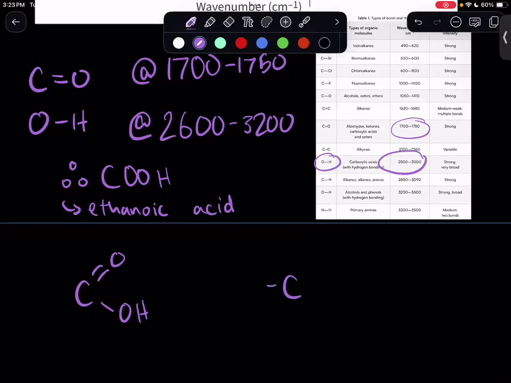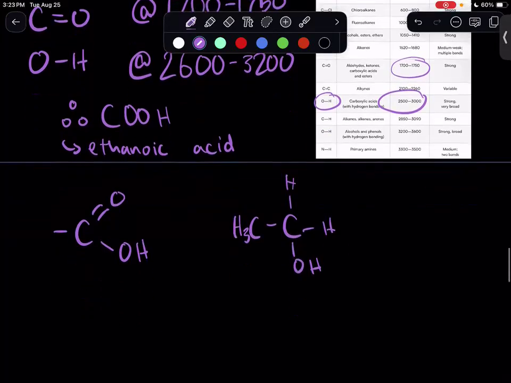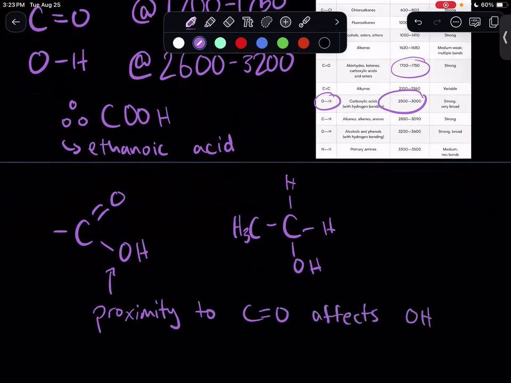Well, when we look at ethanoic acid or a C double bond O compound, sorry, carboxylic acid compound, this OH is very different than our ethanol. This OH is now bonded to a carbon that is bonded to an oxygen. So the dipole moments are very different. So very much this proximity to the C double bond O affects the OH peak.